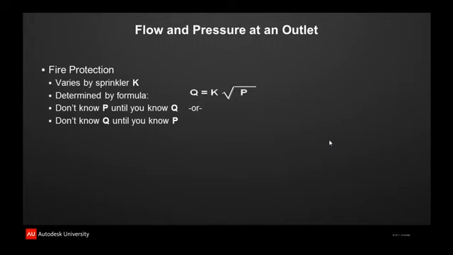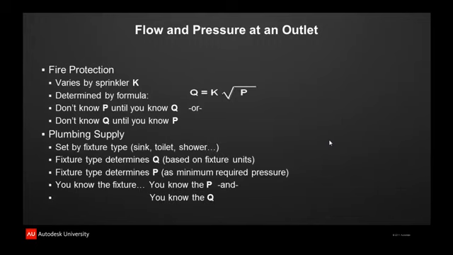By comparison, in a plumbing supply calculation, it's the fixture type that is the significant characteristic in determining the pressure and flow, and the standards prescribe a specific pressure and a specific flow for each fixture type.